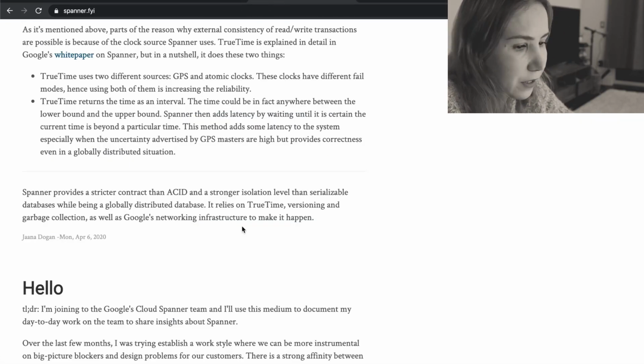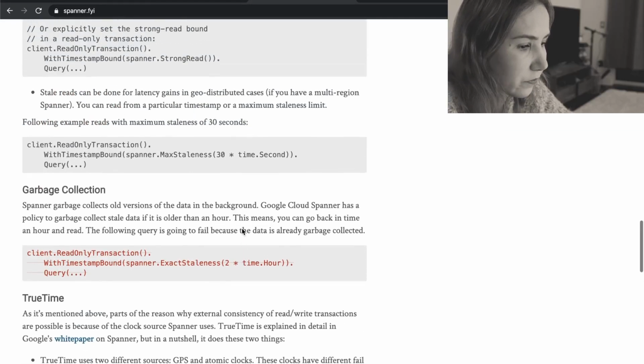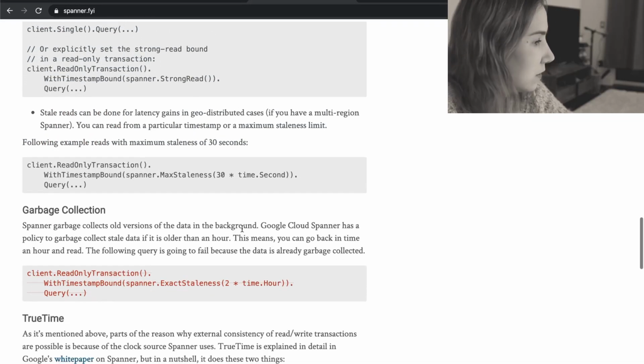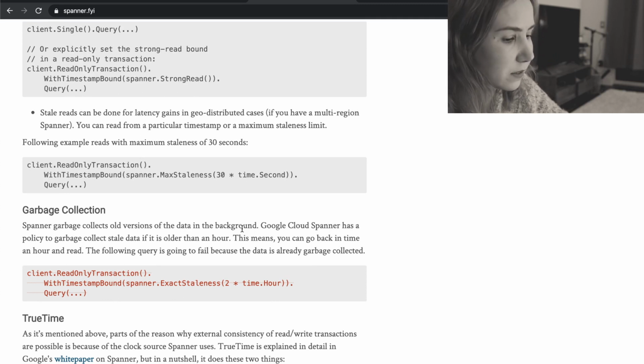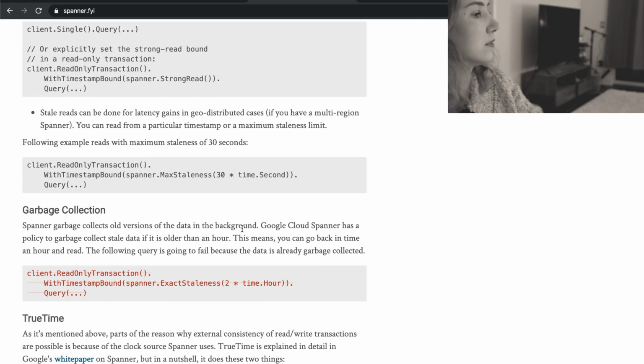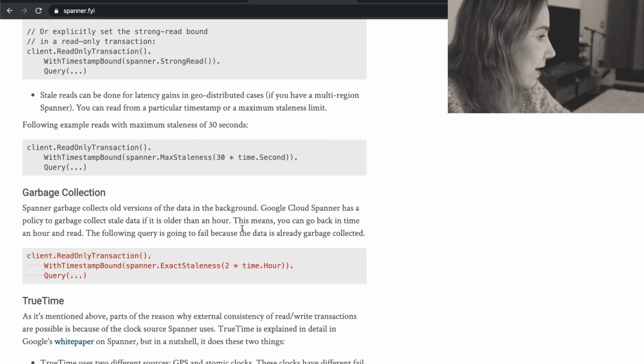I mentioned that Spanner has some sort of versioning, which is true, you can go back in time, but there is a maximum limit of 1 hour. If the data is more stale than 1 hour, you can't go back in time and read it.